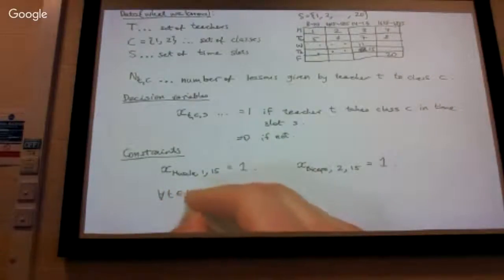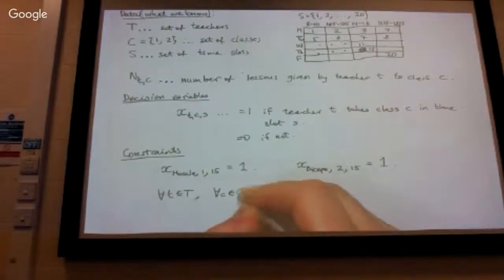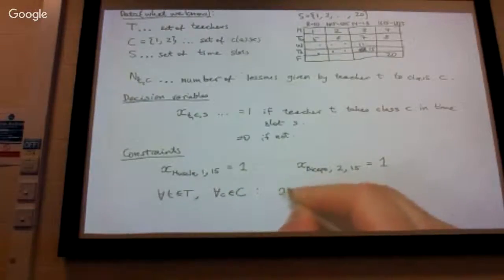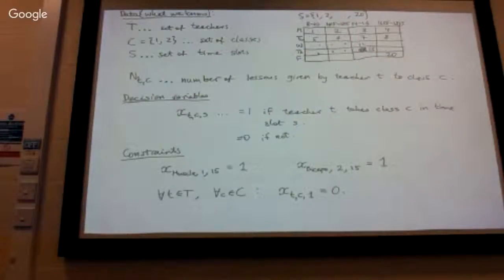So no teacher, no class can be 1 in teacher, class, and time slot 1. They all have to be 0. Okay.